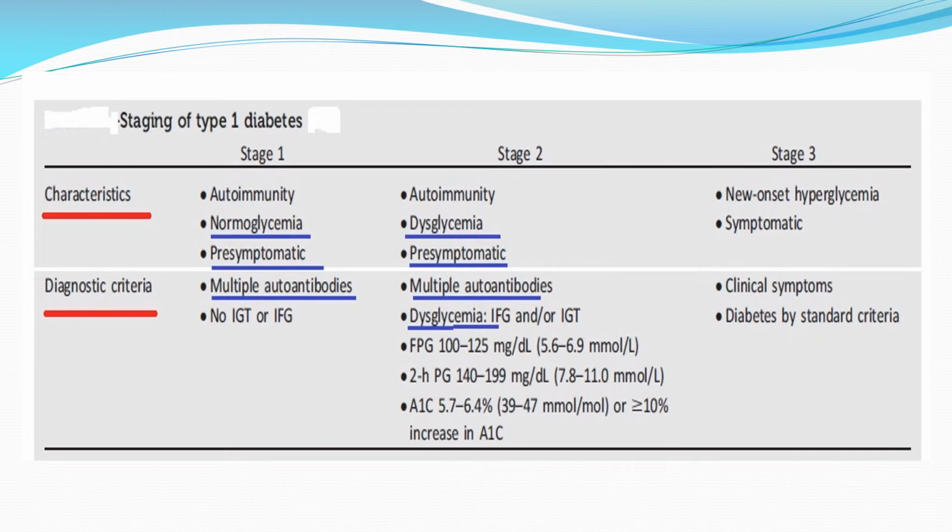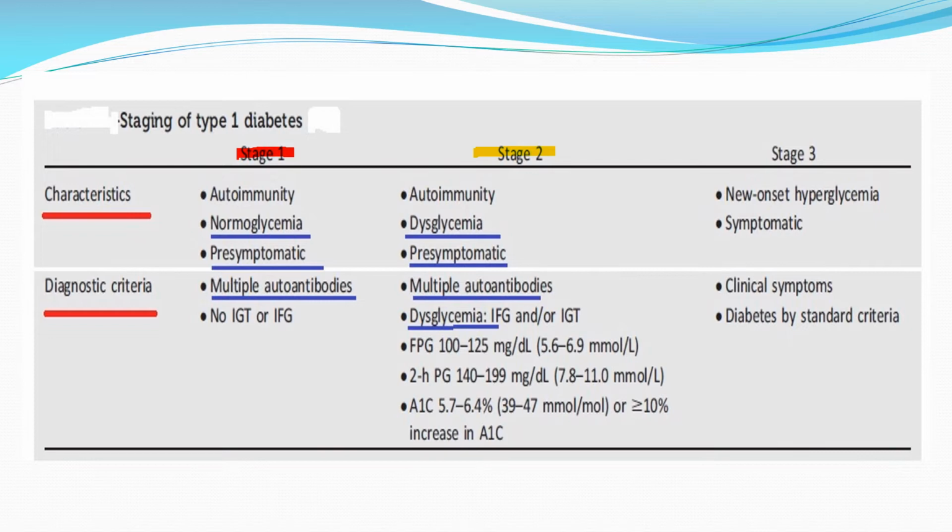As you can see here, stage 1 is characterized by the presence of multiple antibodies, but the blood glucose level is not yet altered and the symptoms are minimal. In stage 2 of type 1 diabetes, there are multiple autoantibodies, and this is the start of altered glucose metabolism, or what we call dysglycemia.